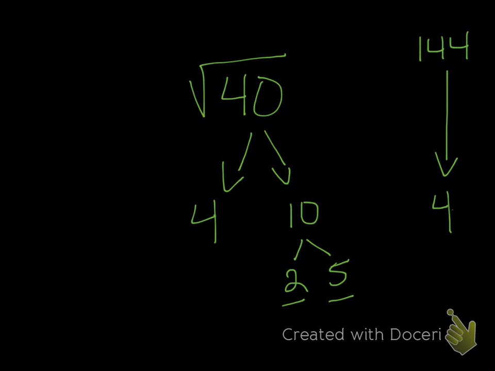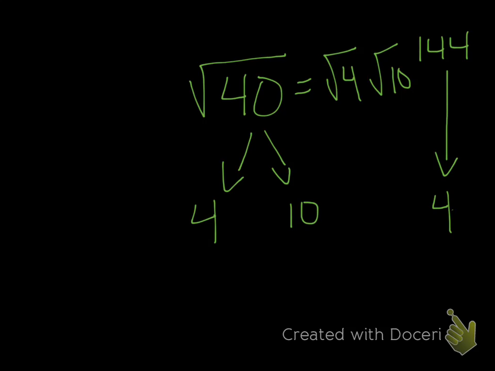So let's take a look at what I've been able to achieve. The rule of square roots, or the rules of radicals, is that the square root of a radical is equal to the product of its factors. So I could say the square root of 40 is equal to the square root of 4 times the square root of 10. And I just did right there.